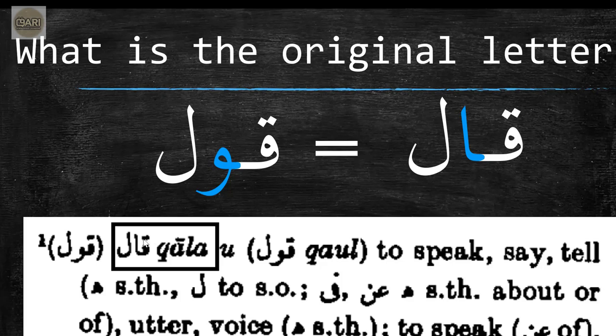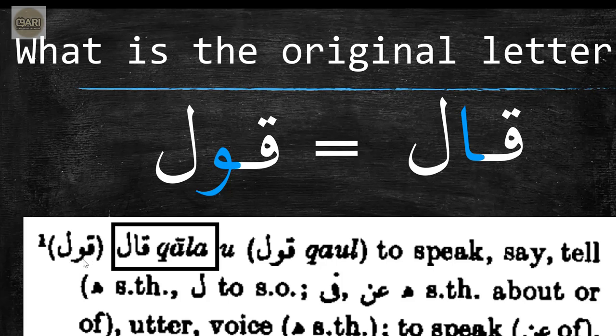All right, so here qala means to speak, say, tell something, to speak. Okay, so we see qala here, qaf, alif, lam. But that aleph is not really an aleph. To find this word, we would look up qaf, wow, lam, and qaf, ya, lam. So where did we find this one? We found it under qaf, wow, lam.